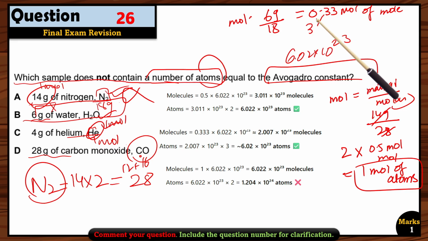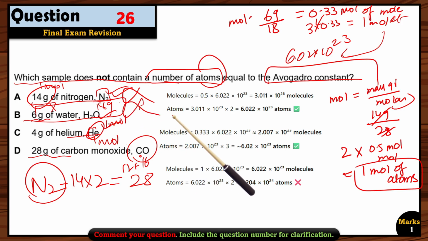Just multiply this number by 3 and you will get 1 mole again. It means 6 grams of water has 1 mole of atoms, and 1 mole of atoms always has 6.02 × 10^23, that is Avogadro's constant. So this option is also rejected.